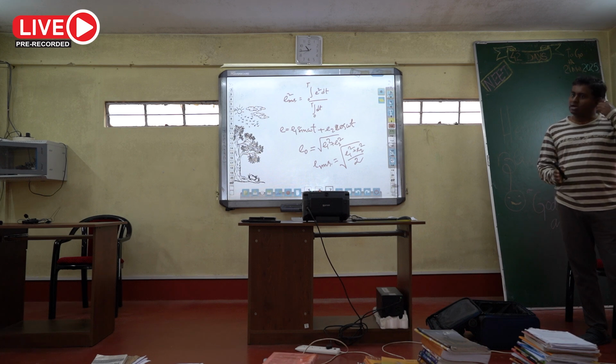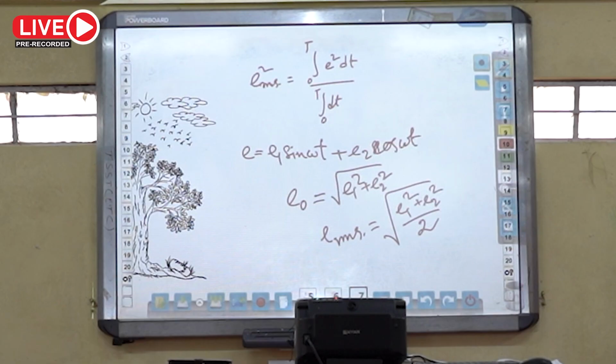Whenever two SHMs, one given by sine, another given by cos, or two sines, etc., are there, when they superpose, their resulting amplitude is calculated by root over of the sum of the individual amplitudes squared. So from that we can write the resultant amplitude will be root over of E1 square plus E2 square, which is equal to the peak value of the voltage. And now any peak value divided by root 2 will be the RMS value.